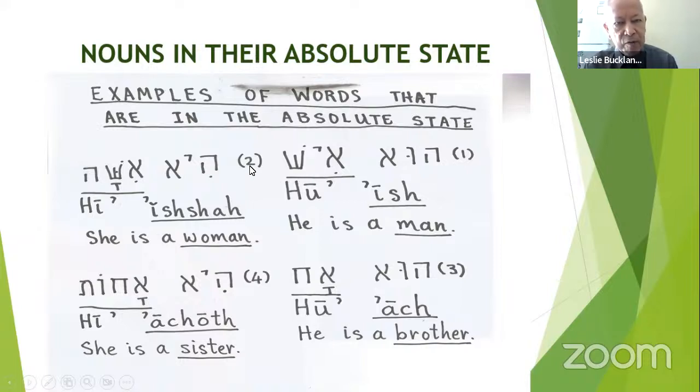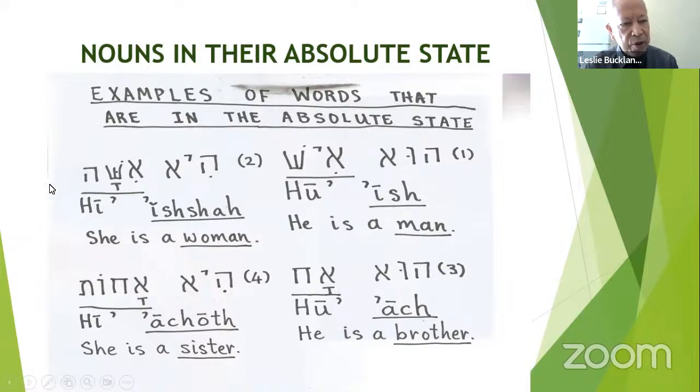The second example of words that are in the absolute state is this sentence, he isha. He is a subject pronoun that is translated as she. And isha is a noun that means a woman, or it may mean a wife. He isha means she is a woman. Now notice there is no makef or horizontal line to the upper left-hand section of the last letter of this noun.